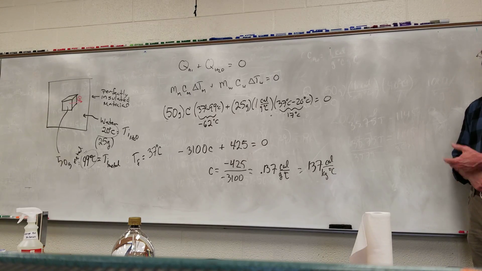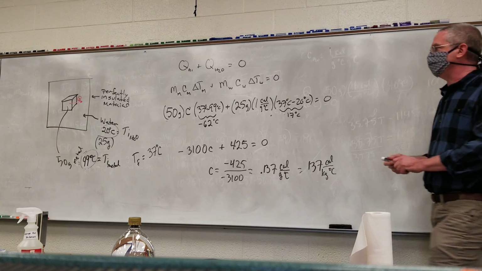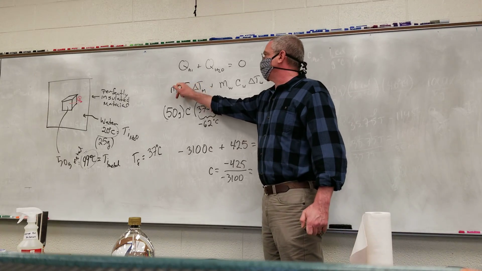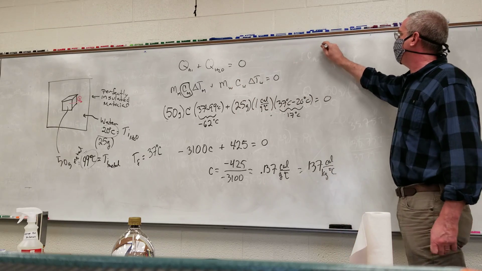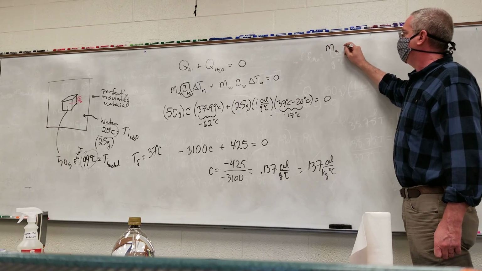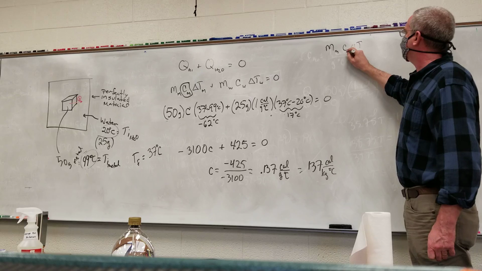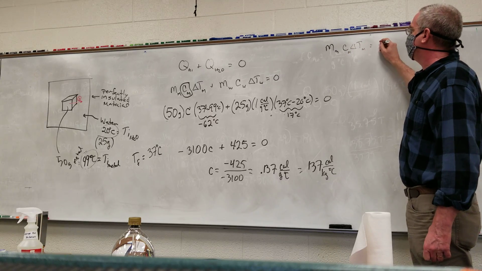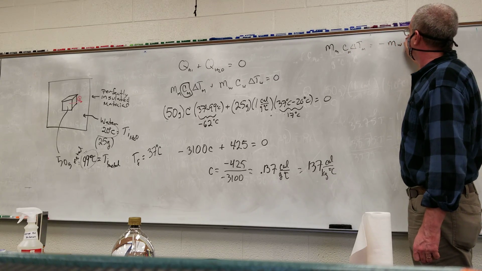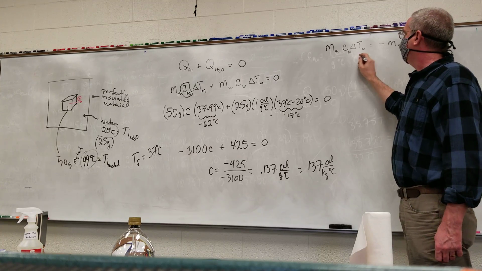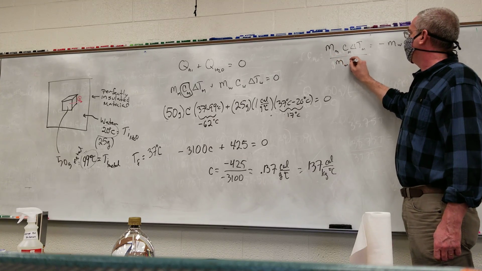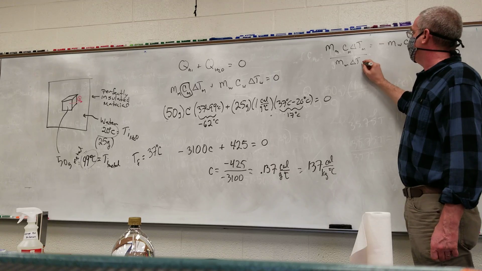Now we can make this slightly more generic, and in the lab I do this. Basically we're solving for this right here. So you subtract this whole thing over to the other side, so we have mass of the metal times C of the metal, delta T of the metal, is equal to negative mass of the water, specific heat of the water, change in temperature of the water. And then we divide by the mass of the metal and the change in temperature of the metal.